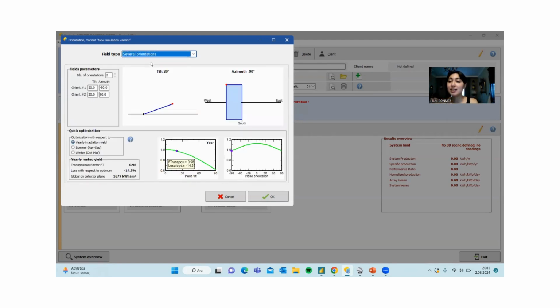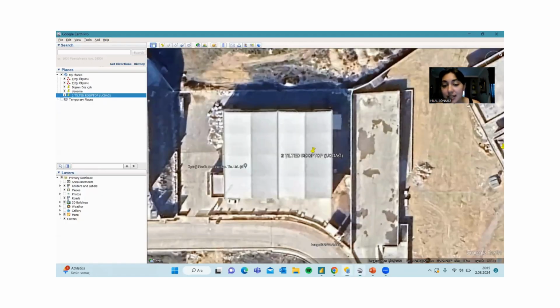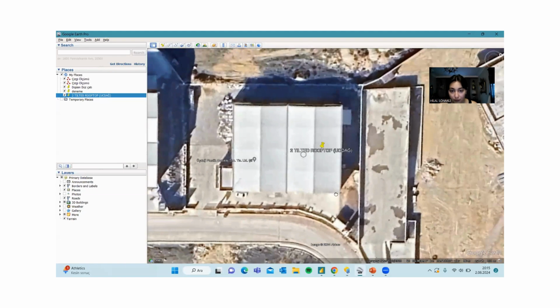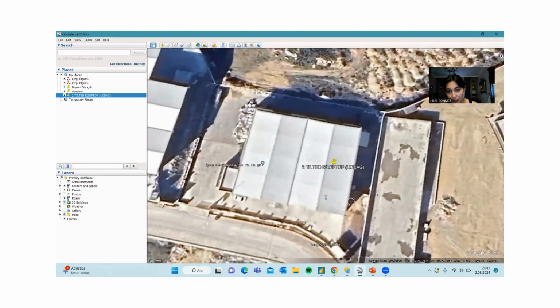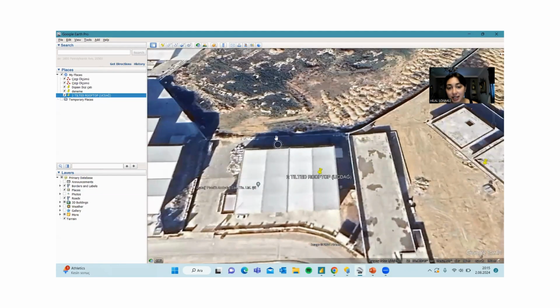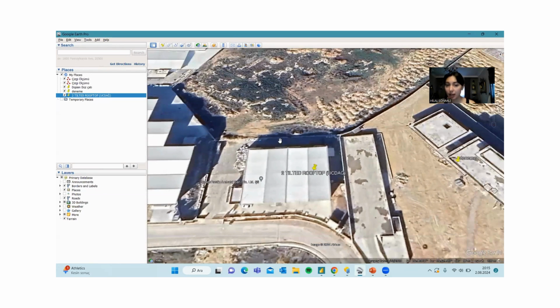Several orientations means we are dealing with a rooftop system, but it is not a flat roof. We have some sides of the roof, and these sides each have an exact tilt. What I mean is, when we open Google Earth, as you can see, this is one part of the roof, and this is another, second roof.